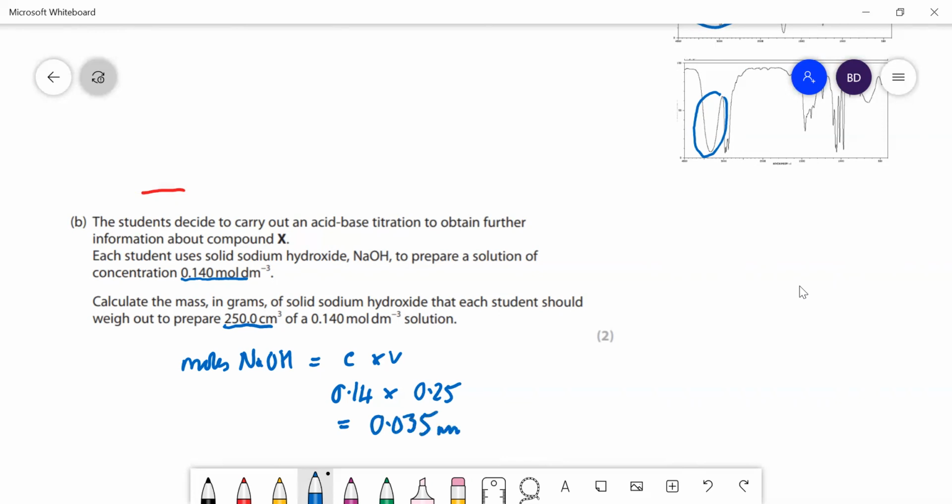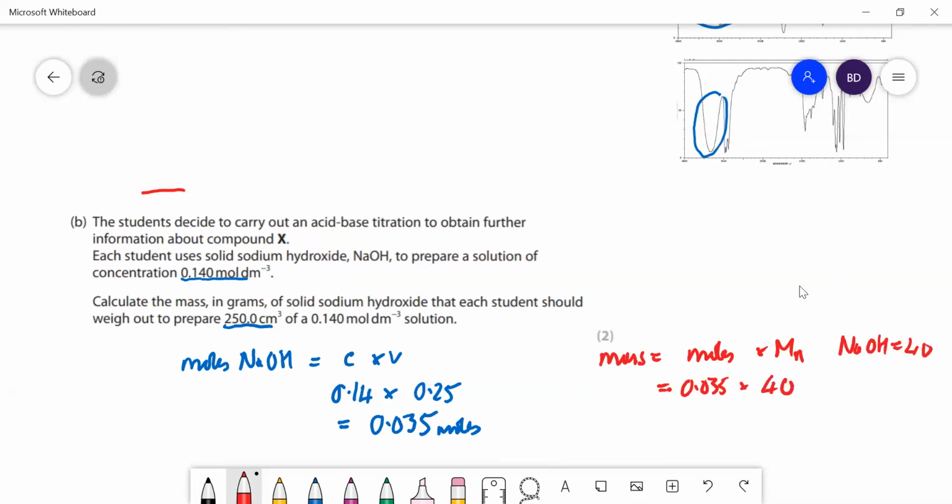Now the next thing we need to do is work out the mass. The mass is equal to the moles times the MR. So the moles is 0.035, and the MR of NaOH is 40. That times 40 gives us 1.40 grams. That's pretty straightforward, really.